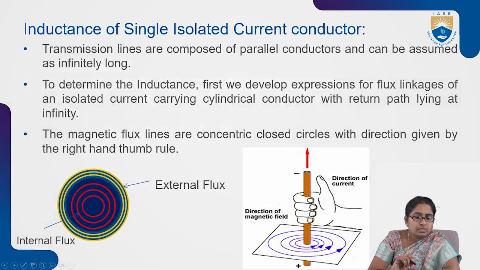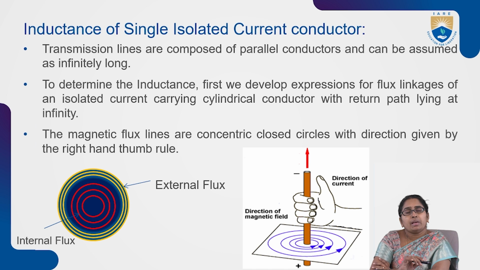First, a single phase transmission line, which is also called a single phase wire or single isolated current-carrying conductor. We know that a single phase line means there is only one conductor and the return path is ground. So let us get the inductance expression for the single phase transmission line. First point, transmission lines are composed of parallel conductors and can be assumed to be infinitely long.